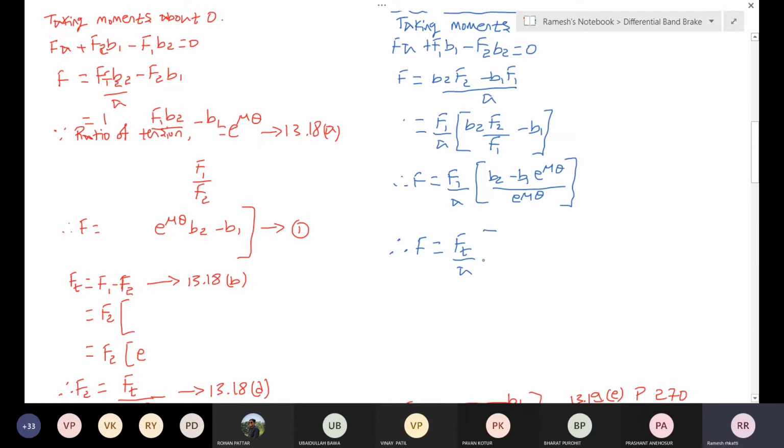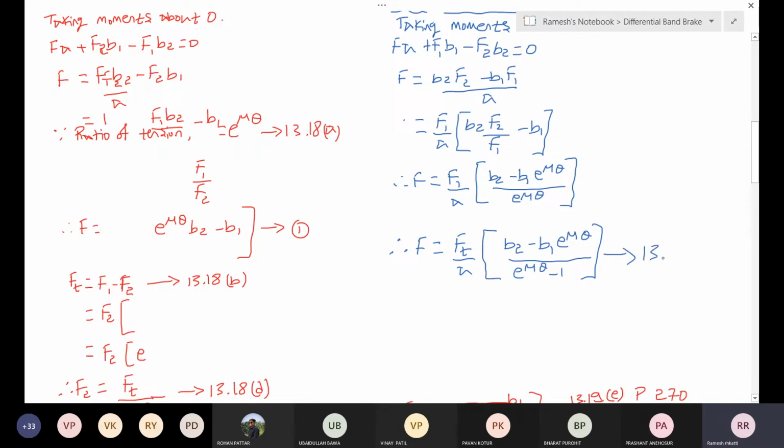You can do it on your own because the procedure is the same as that of the previous problem, or sorry, the clockwise case. This is the final equation you will get, which is there in your data input.